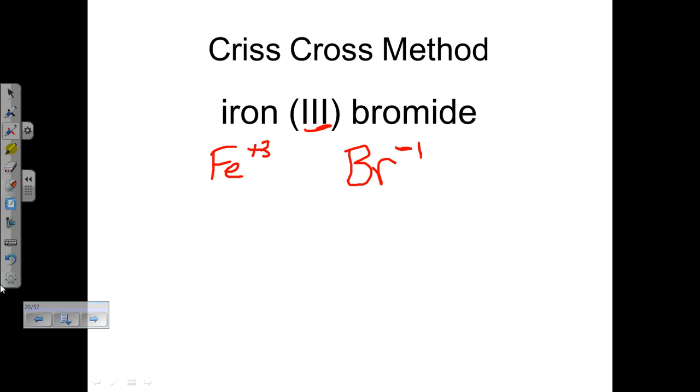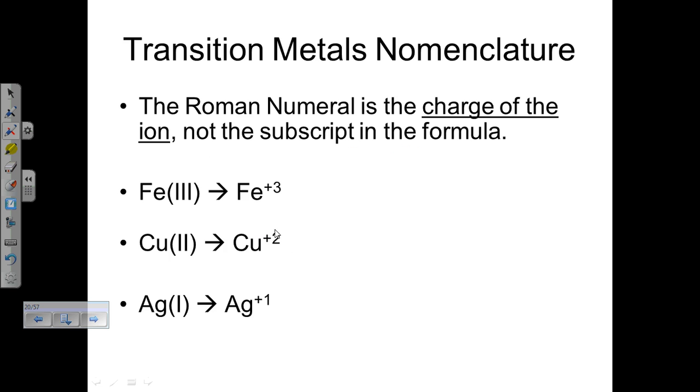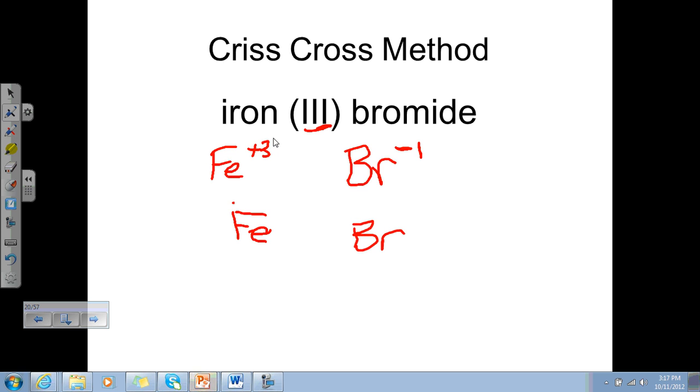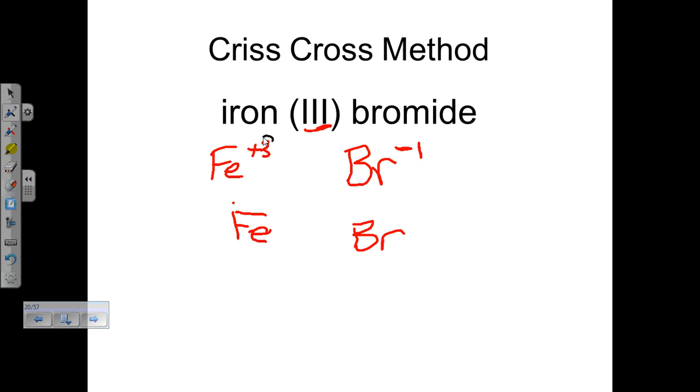All right, next part of our crisscross rule is you just write down the symbol again. This time without a charge. No charge this time. Alright? Now what we're going to do is we are going to take the numbers and we're going to crisscross them down.